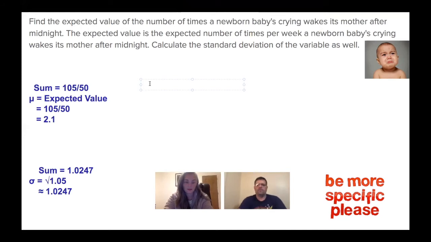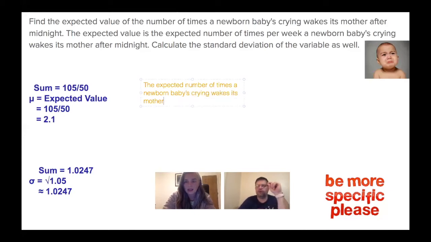So we would expect the expected number of times that a newborn baby would wake up the mother would be 2.1 days in a week over many, many weeks, or something along those lines. Now, what I'm doing right now, because I don't remember all those words he just said, is literally typing this first sentence where it says find the expected value of. I'm just reiterating that: the expected number of times a newborn baby's crying wakes the mother.